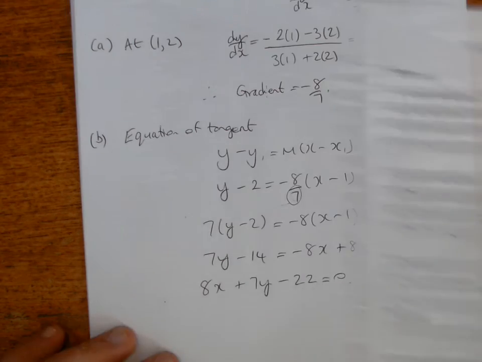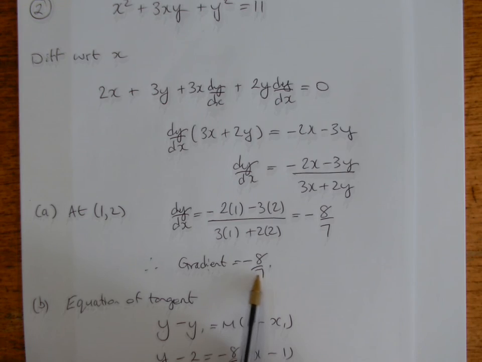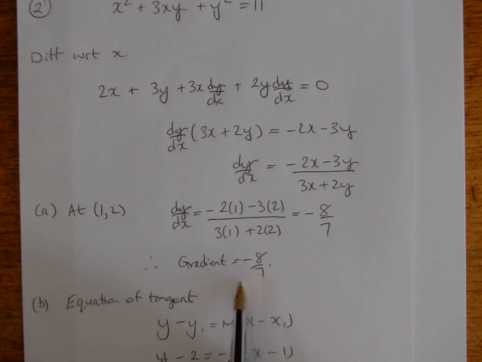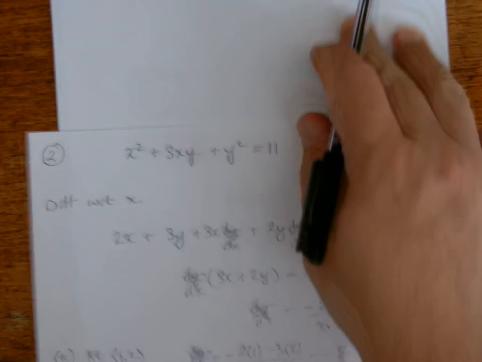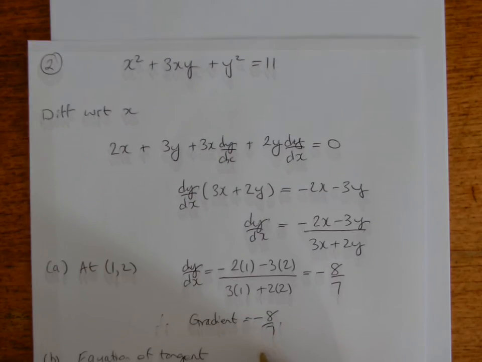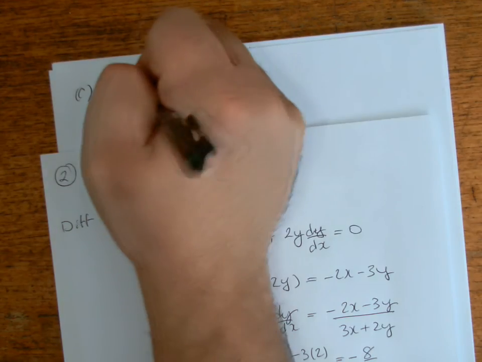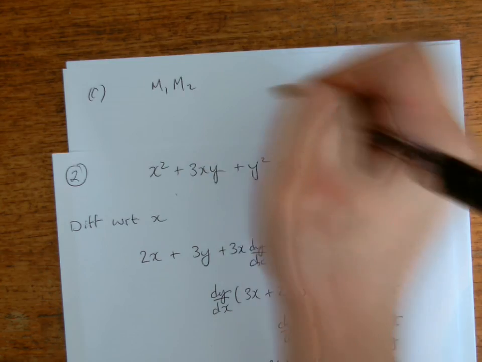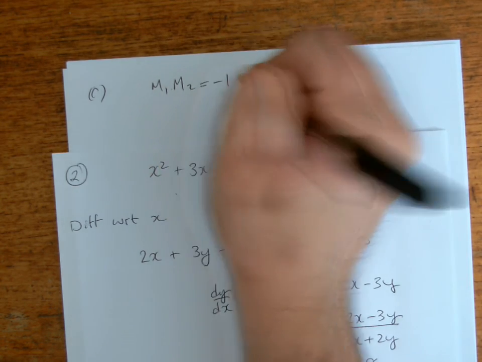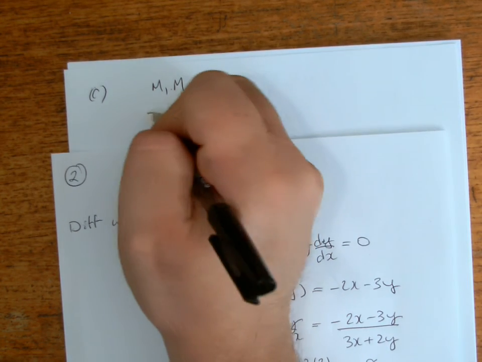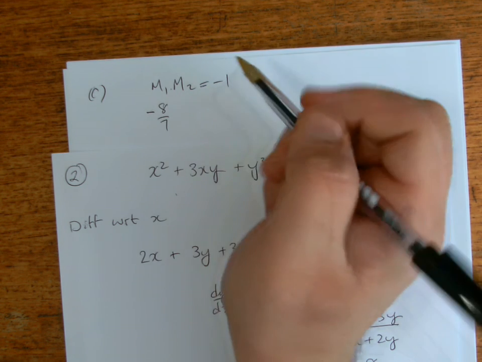So remember, to get the equation of the normal, we've got to use the tangent gradient to get the gradient of the normal. So by using m1 times m2 equals negative 1, the tangent gradient is minus 8/7.